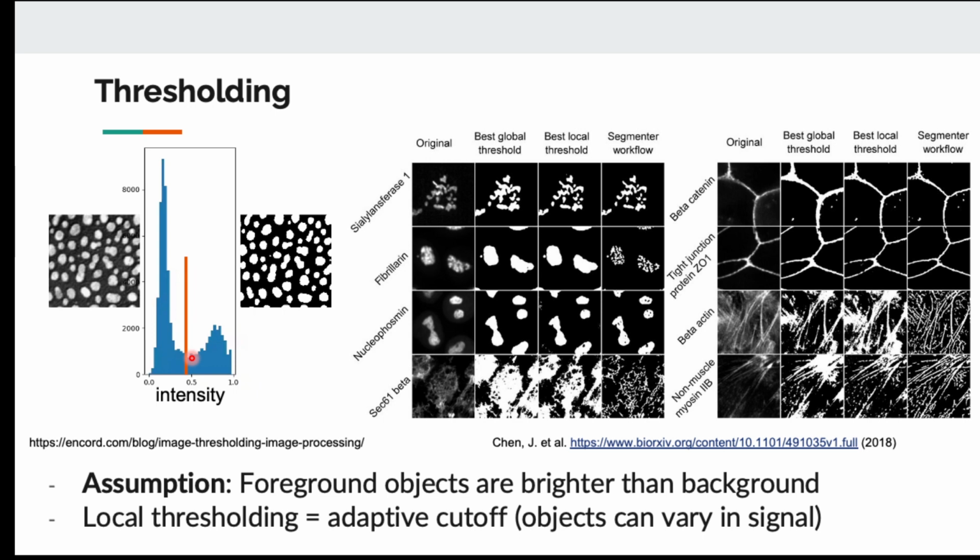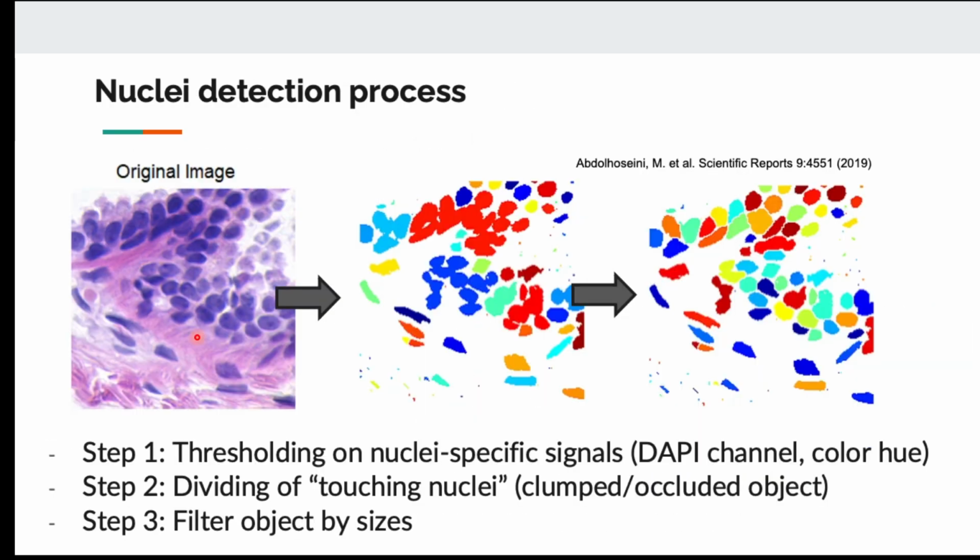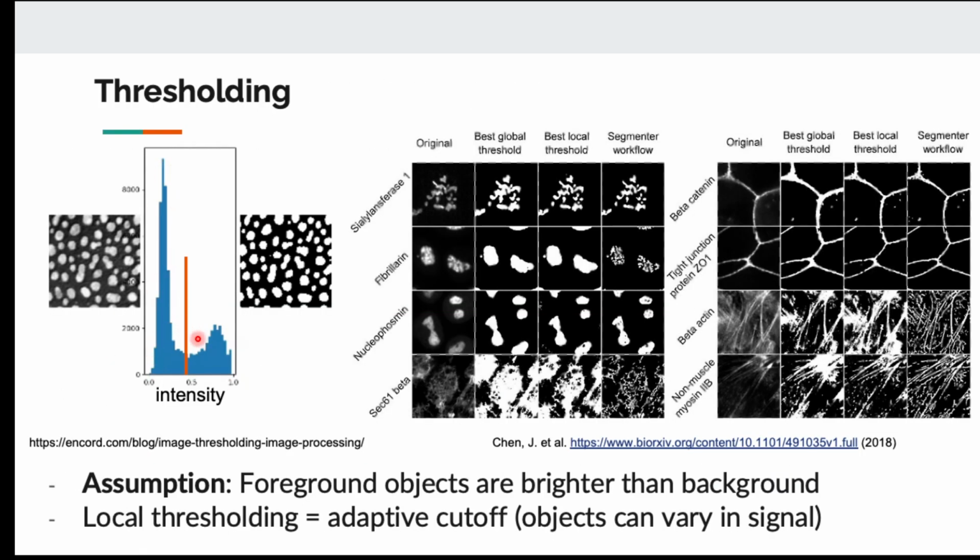So one of the assumptions that people use to make this kind of cutoff is, if we focus on the purple and the pink color in the H&E space, that there are only two primary colors. So if we look at how purple the pixel is, we can imagine some kind of distribution like this, where the nucleus will look very purple, with very high intensity.